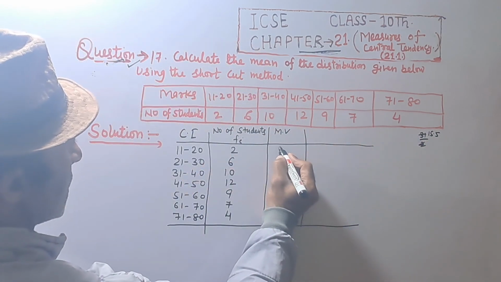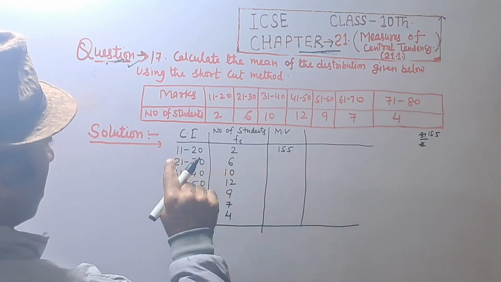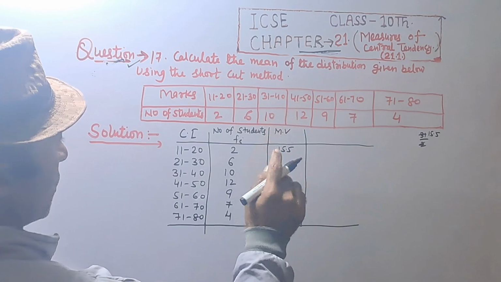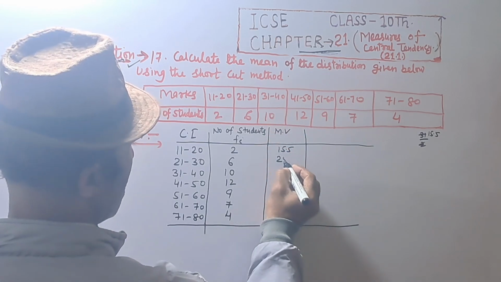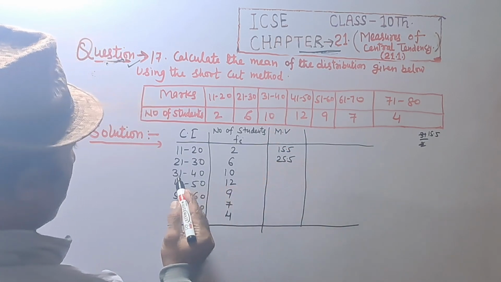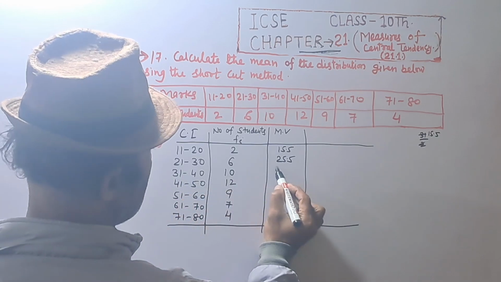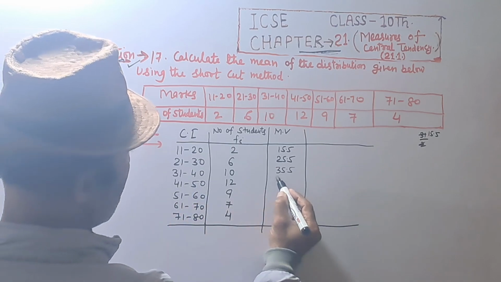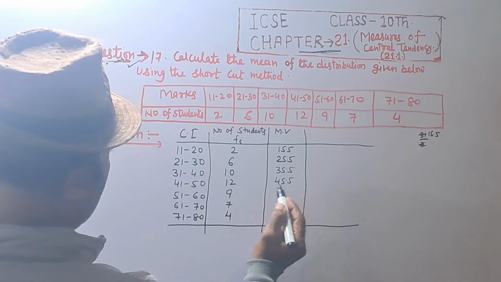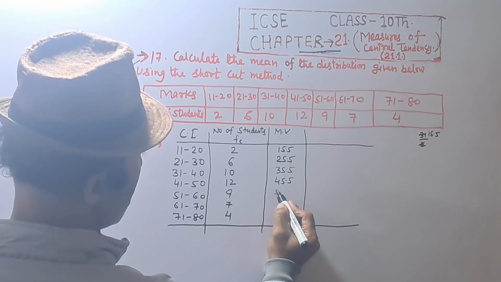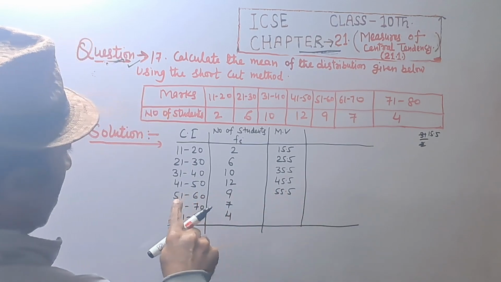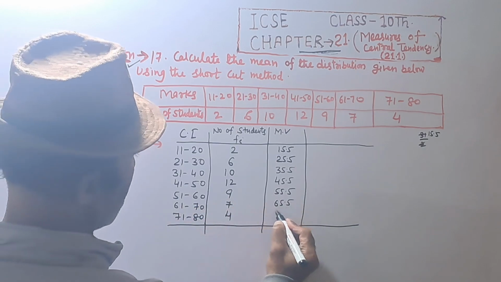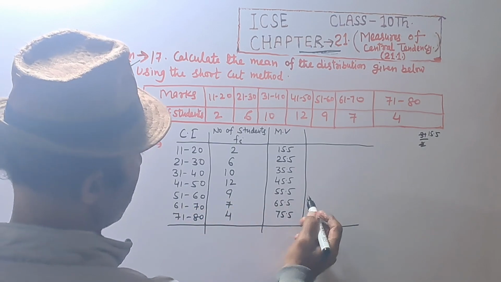First number is 15.5, and 30 plus 21, that is 51 upon 2, equal to 25.5, and 35.5, 45.5, 55.5, 65.5, 75.5.